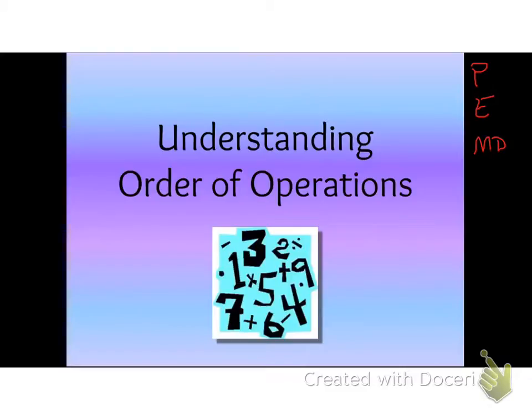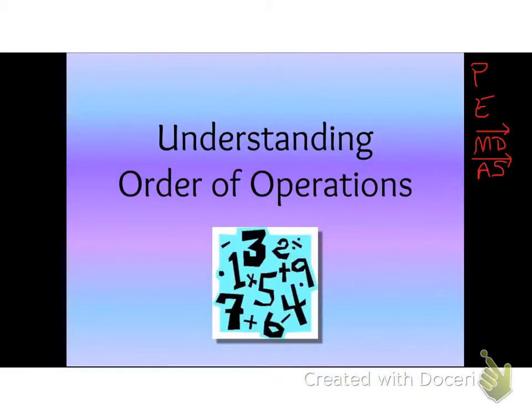And the way that works is when you are multiplying and dividing, you want to do whatever comes first as you look from left to right. So the order in which you read is the order in which you should be solving or simplifying those expressions. After you've done all the multiplication and division in the problem, you are going to then do the same thing with the addition and the subtraction, but again moving from left to right.